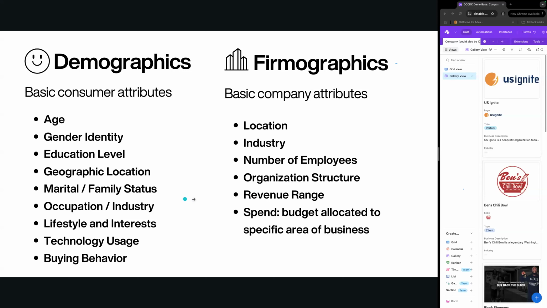I was actually thinking about this example earlier today. Marital and family status is going to be a good thing. If you're looking for mothers or fathers with children, being able to understand what that household looks like and who is in that household, and maybe their buying behavior based on that. How do they go about buying? Are they buying a lot of the same things consecutively? Do they have some extra cash on the side and like to make investments or purchase things that they may not need at that moment, but they're really interested in experimenting?